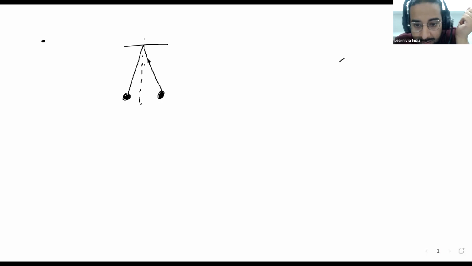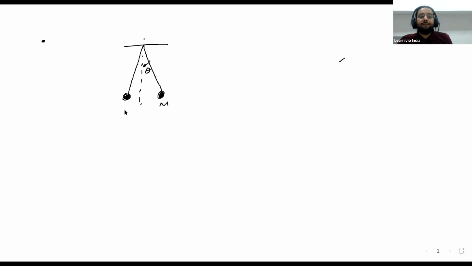I am not able to see that figure at all. Let's make an angle theta and the other ball going in the other direction. Could you just show it again? Okay, so the half angle is theta.